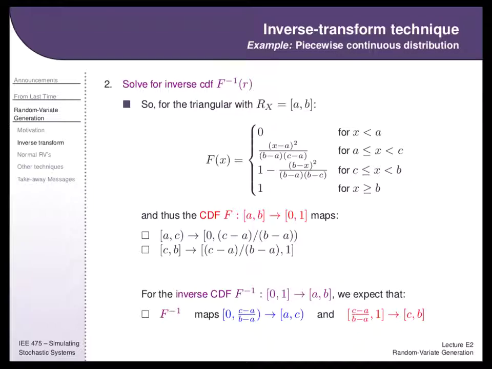So I could plug in a C and see what it maps to. This one maps from outcomes C to B to probabilities from this midpoint all the way to 1. And so now I just need to invert on these two ranges. So I just set this range equal to R and solve, and this range equal to R and solve.